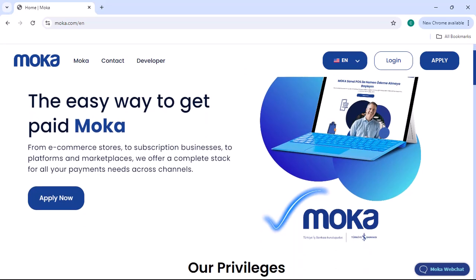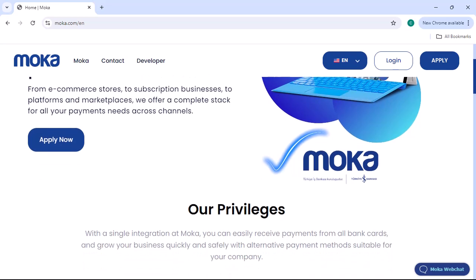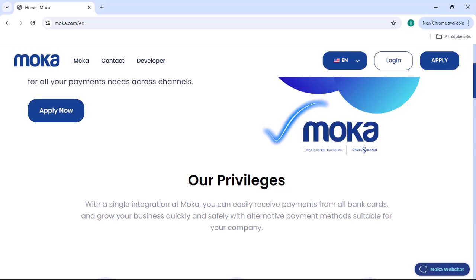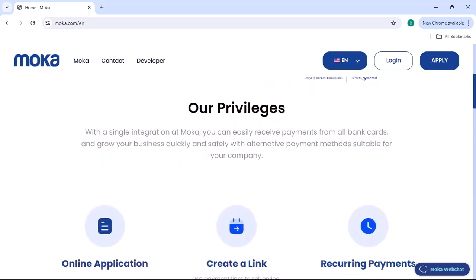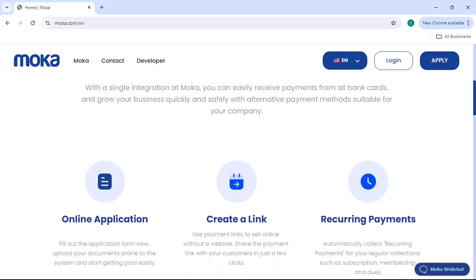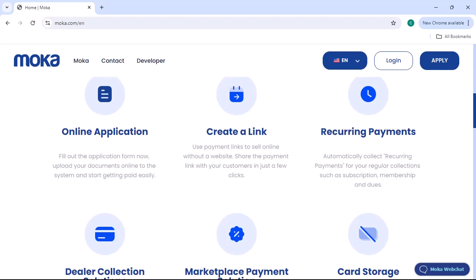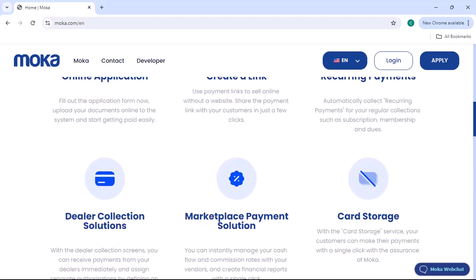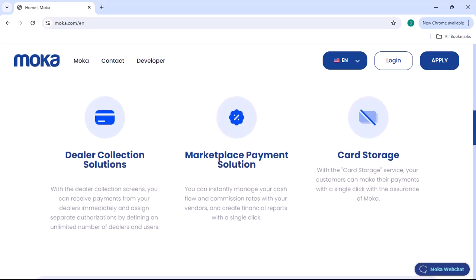The exact percentage can vary depending on several factors, including the volume of transactions processed, the type of business, and any specific agreements in place. It's important to contact Moka directly or consult their official website for the most up-to-date and accurate fee schedule.